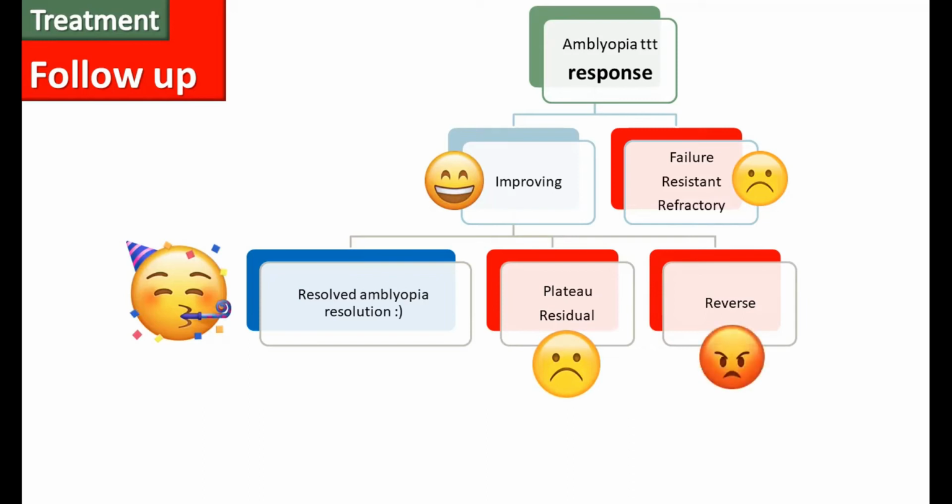And this makes us angry, of course. And even if the amblyopia is resolved, you have to keep follow-up for a while, because sometimes you may get relapse or recurrence of amblyopia. And there is an interesting word here, recidivism. It's hard for me to pronounce it. So recidivism simply means relapse or recurrence.